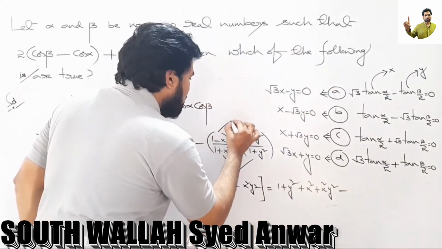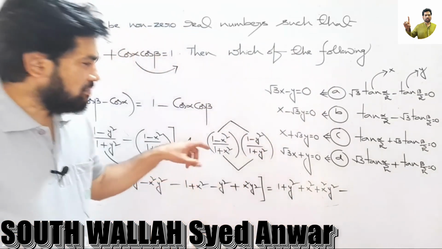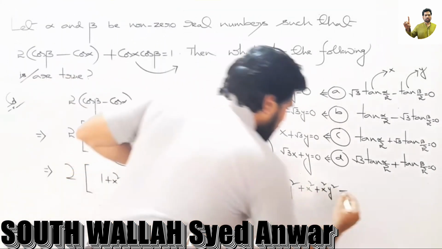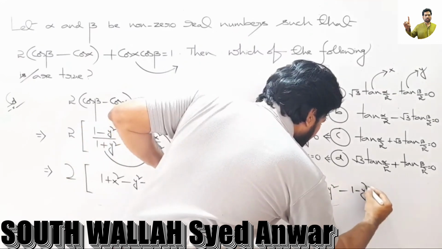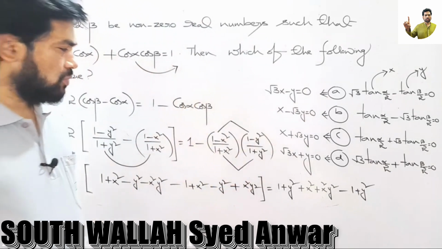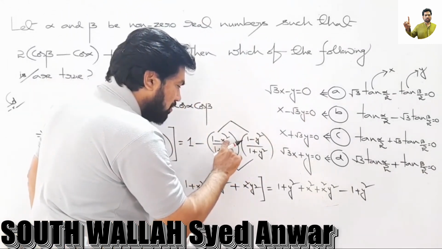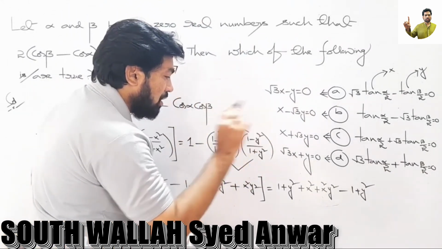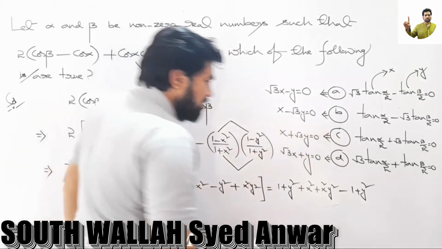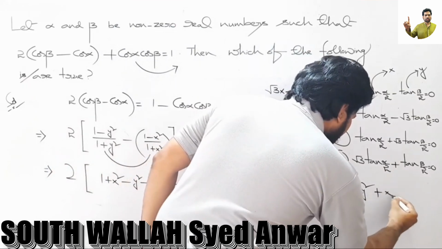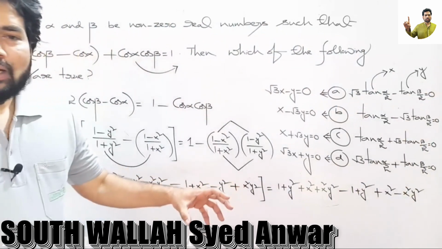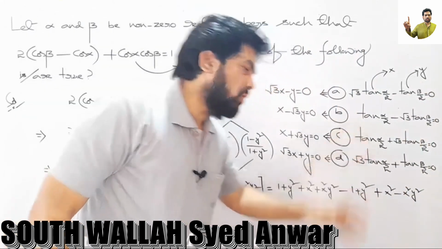Now we have to multiply these 2 terms, and after that multiply with the minus outside. When I multiply with 1, I am getting 1 minus y square. If I multiply with minus, it becomes minus 1 plus y square. Next multiply with minus x square. Instead of that, already minus is there, so minus into minus is plus, directly multiply with plus x square. So x square minus x square y square. So this is the simplification part on the right side.